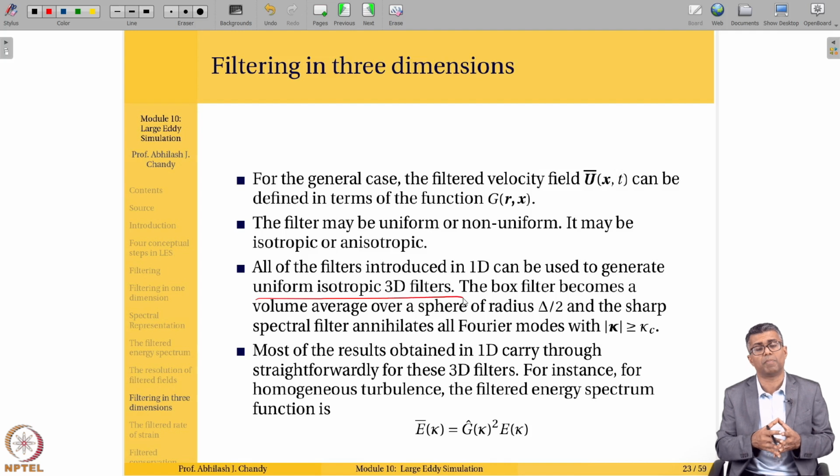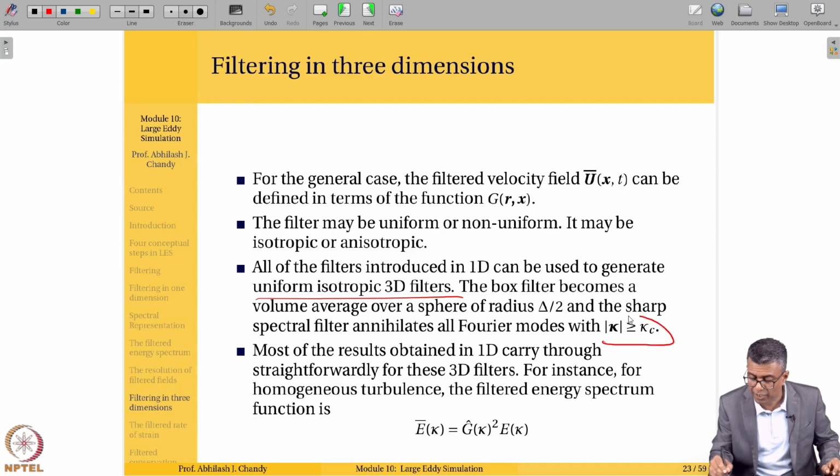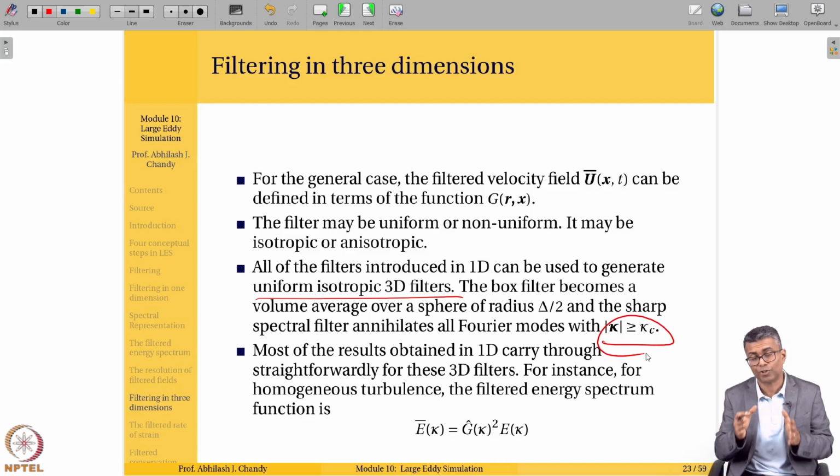So the box filter basically becomes a volume average over a sphere of radius delta over 2, and the sharp spectral filter removes all wave numbers with wave number magnitude greater than or equal to kappa c, isn't it? The magnitude of the wave number vector kappa, if greater than kappa c, is removed. So most of the results obtained in 1D carry through straightforwardly into 3D filters. For example, if you think about homogeneous turbulence, the filtered energy spectrum E bar of kappa is G hat of kappa squared times E of kappa.